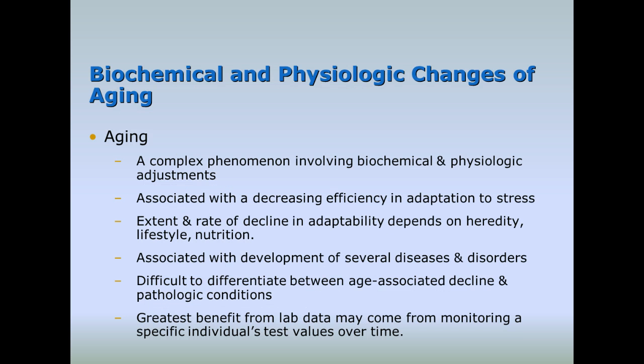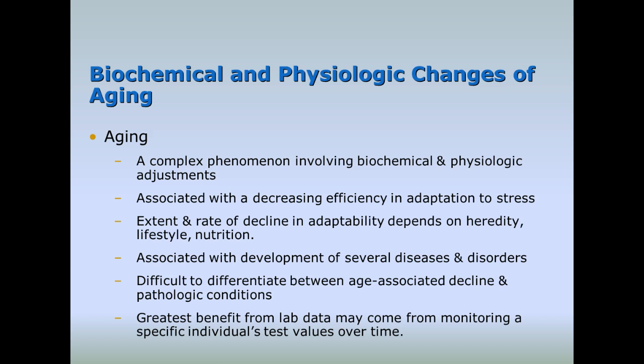But in general, aging is a complex phenomenon involving biochemical and physiological adjustments. It's associated with a decreased efficiency in adapting to stress, so your body will have a harder time. Here's an example. Let's say you go to a really tough Zumba class at age 25, you're a little sore, right? You're a little sore the next day, maybe that evening.